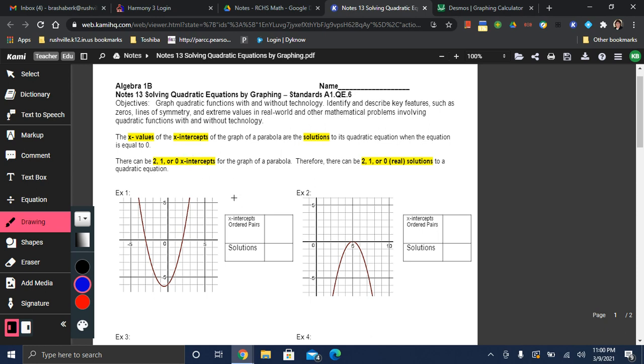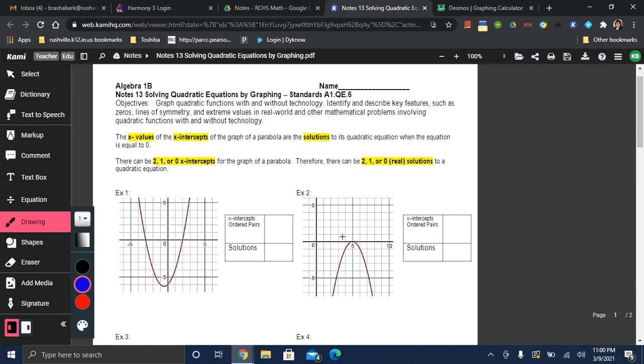And I say two, sometimes there are actually less than two. So let's talk about what is happening here. We're going to be looking for the solutions to a quadratic equation by finding the x values of the x-intercepts of the graph.